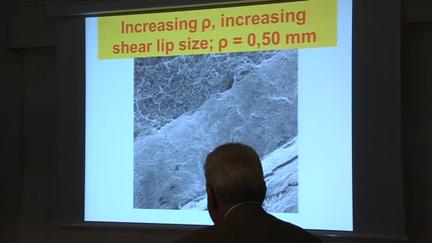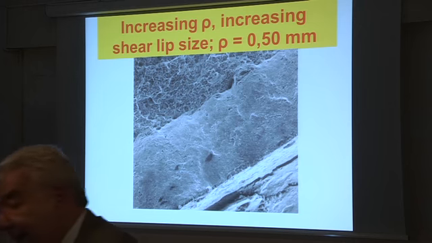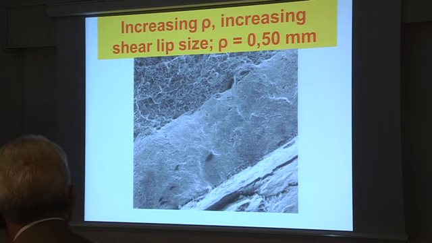Larger and larger shear lips. But why do I say that it is a very, very energy absorbing mechanism? Because you have a fracture along a predominant slip surface whose intersection with the plane is a logarithmic spiral. But within this piece of material, you have slip along each of those surfaces.